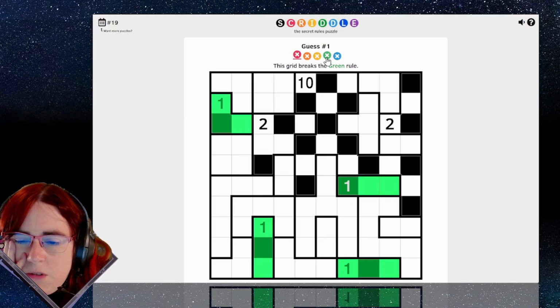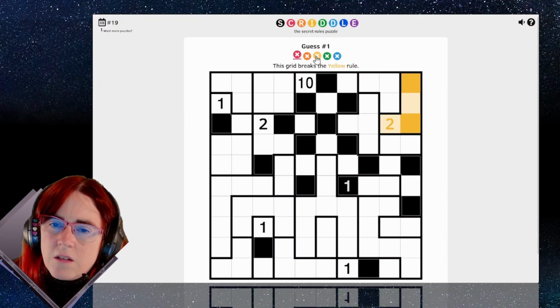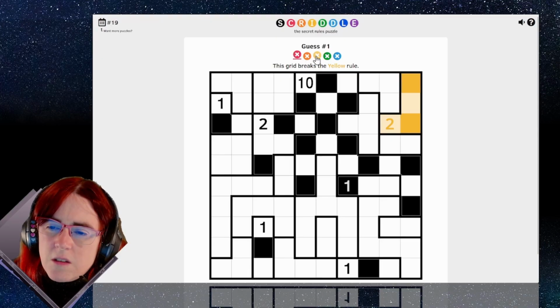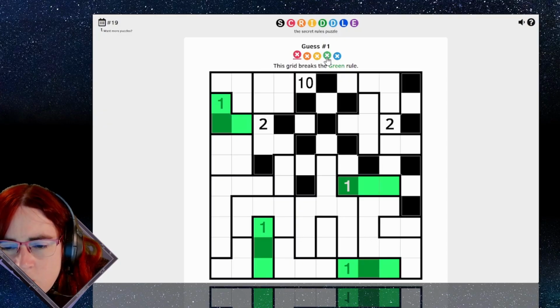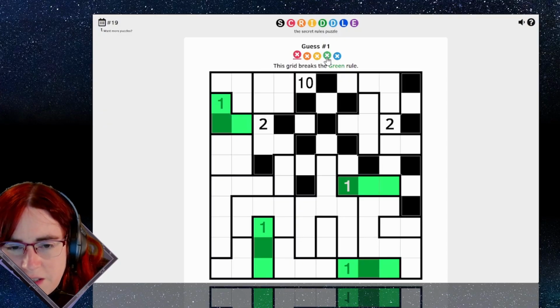Maybe there's a rule, every. Maybe there's a rule. No, it can't be. It's only highlighting rooms with numbers in them.